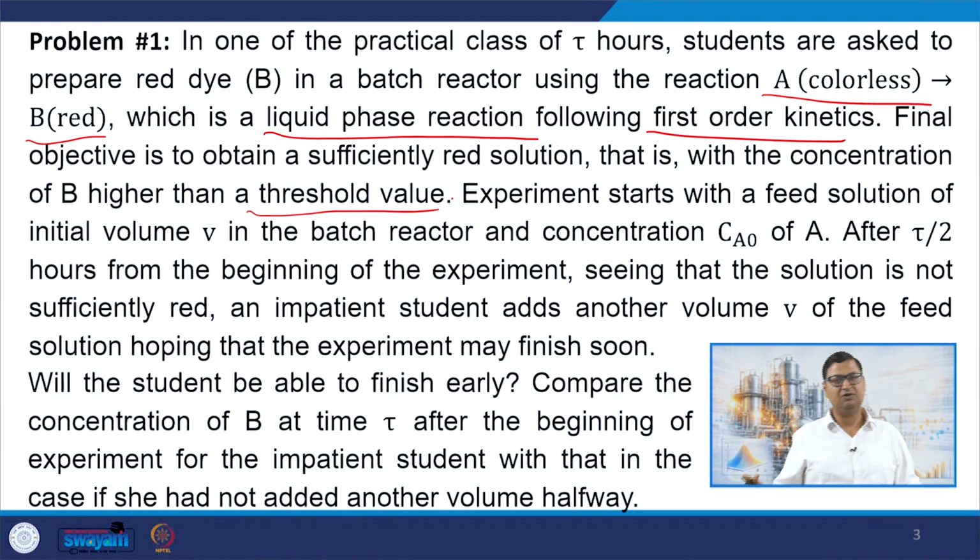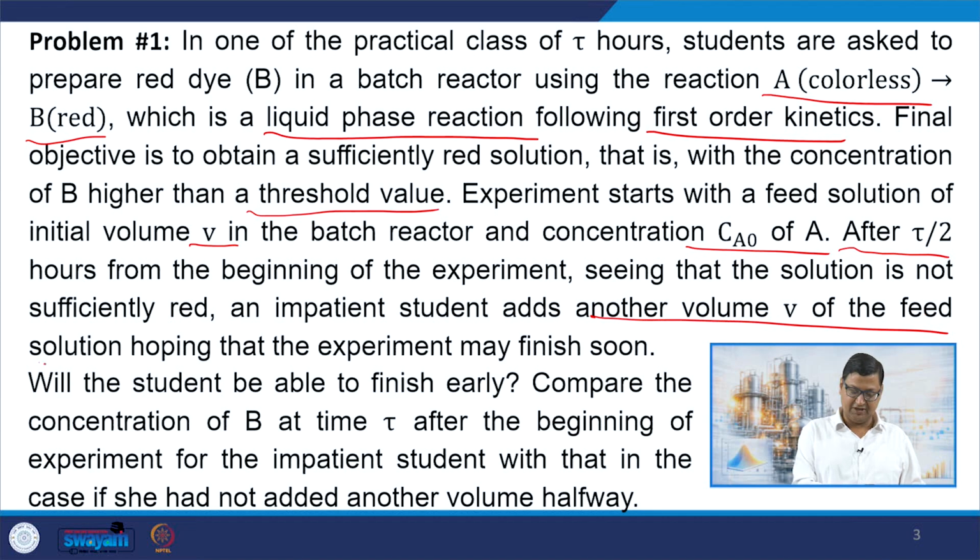It can be any threshold value. The experiment starts with a feed solution of certain initial volume V in the batch reactor and certain concentration Ca naught of A. And after almost halfway, tau by 2 hours, tau is the full experiment, from the beginning, seeing that the solution is not sufficiently red, an impatient student adds another volume V of the same feed solution, having the same concentration Ca naught of A. And then the question is, will the student be able to finish early?